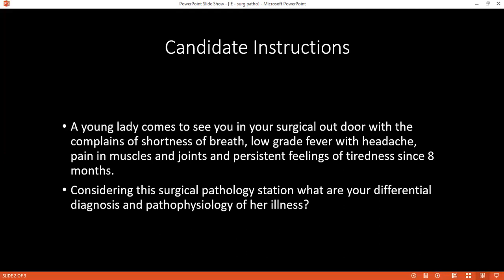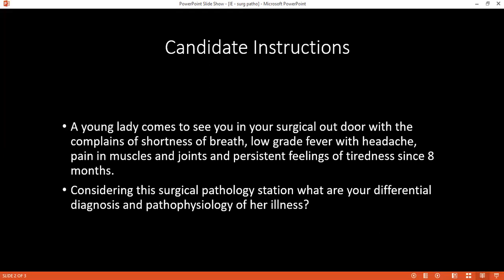Sometimes what happens, you have placed the prosthetic valve and the patient comes back again with prosthetic valve endocarditis. So in that case, what is the most common organism in the early days?